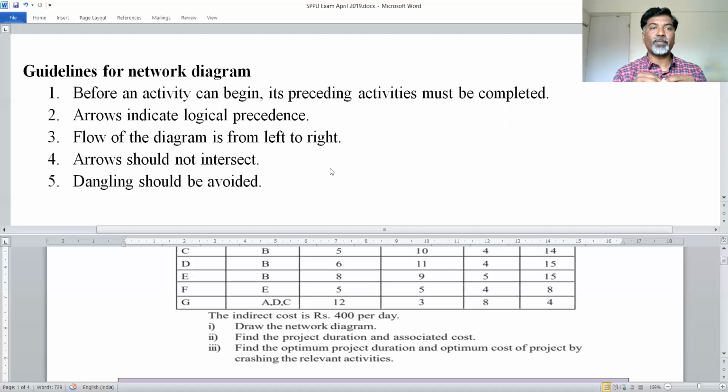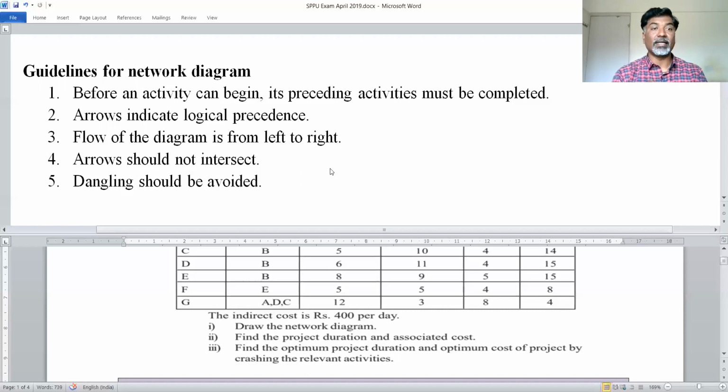The flow of the diagram is from left to right. When you are drawing a diagram, you have to take into consideration that the flow should be from the top left corner to the bottom right corner. In this fashion, or you can say from left to right, the diagram should flow. The most important thing is that the arrows should not intersect. You have to take due care that while drawing a diagram, there should not be any intersection.